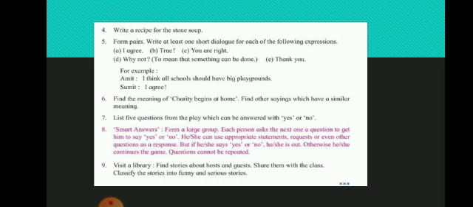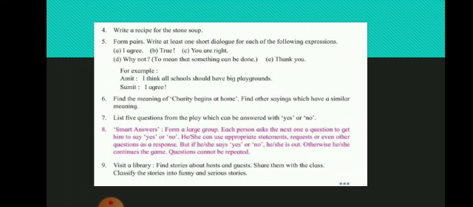Next, take another pair, Mohit and Rohit. Now we will use the expression true. Mohit is saying, it has been raining cats and dogs. Rohit is saying true, meaning he wants to say that it is raining heavily. Next you have to use the expression, you are right.